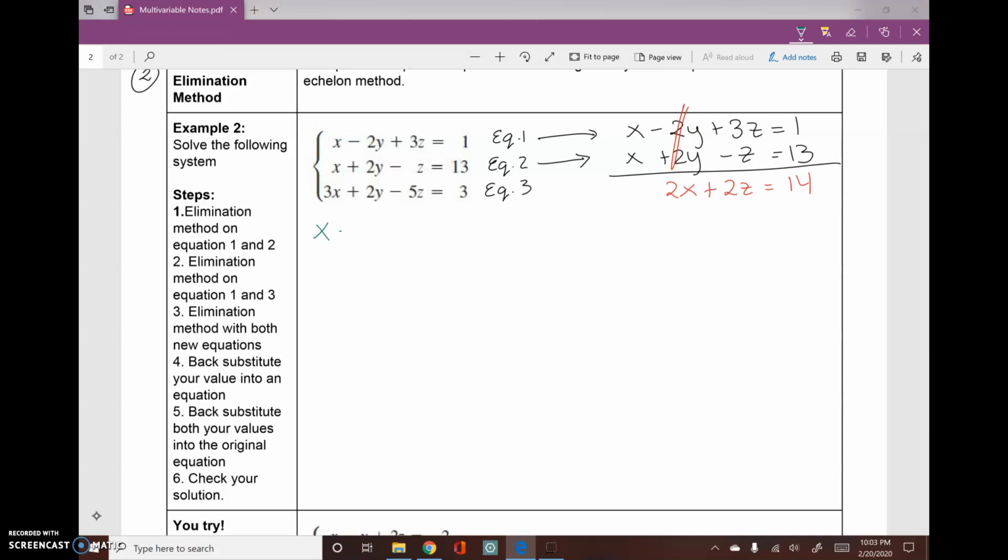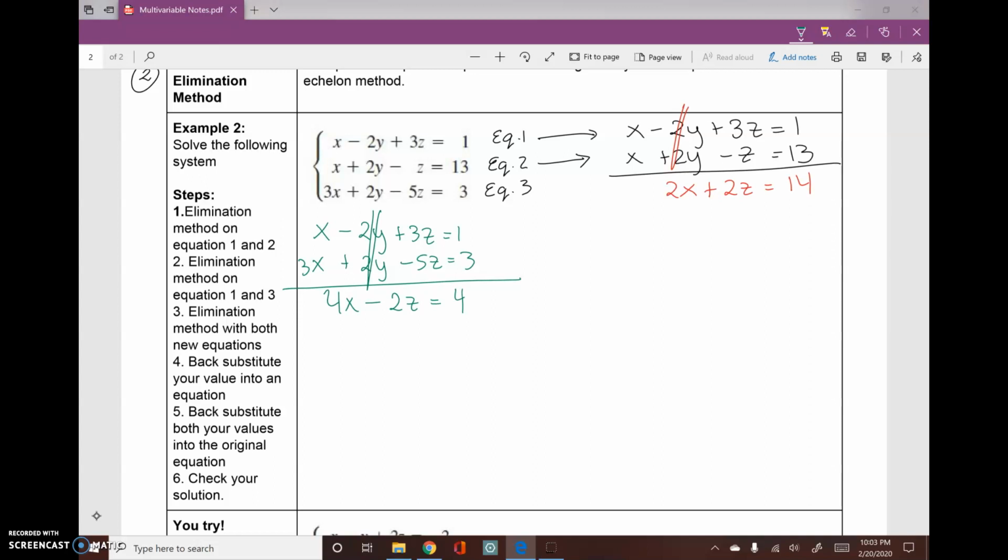So writing this down here, and then this is equation 3. These again eliminate, and I have 4x minus 2z is equal to 4.